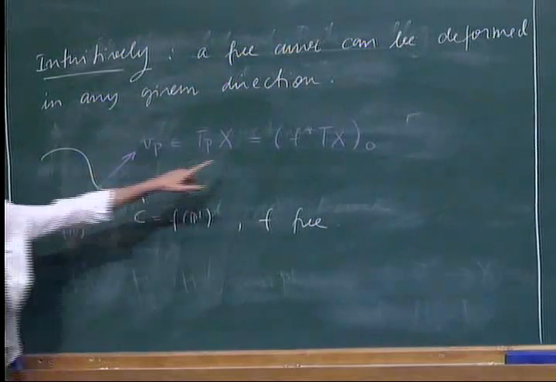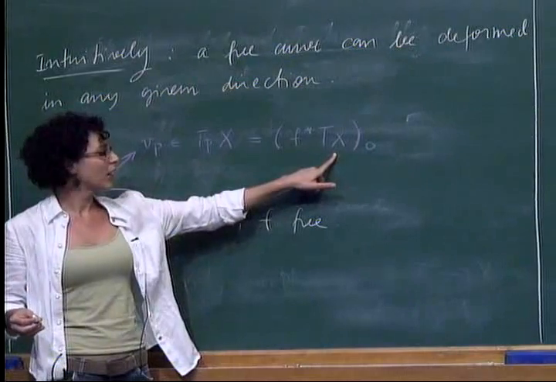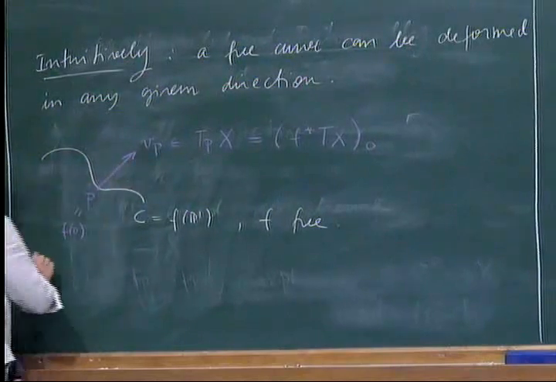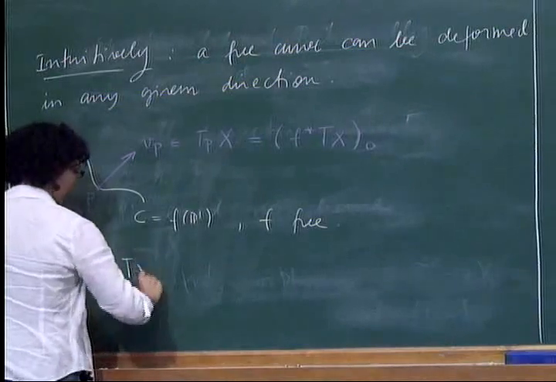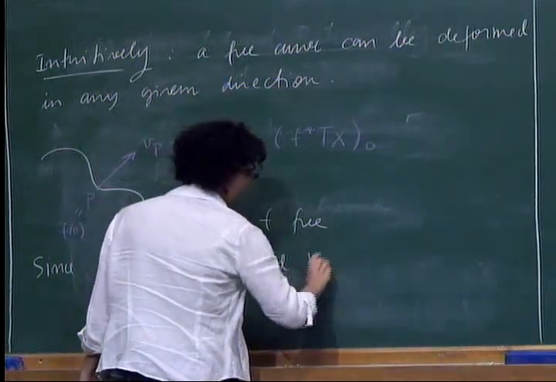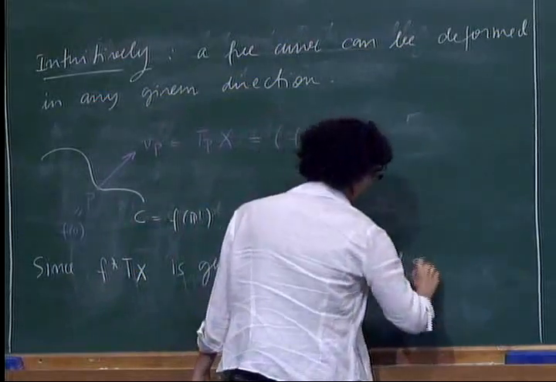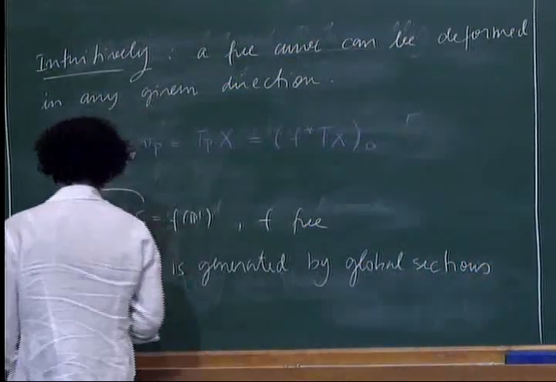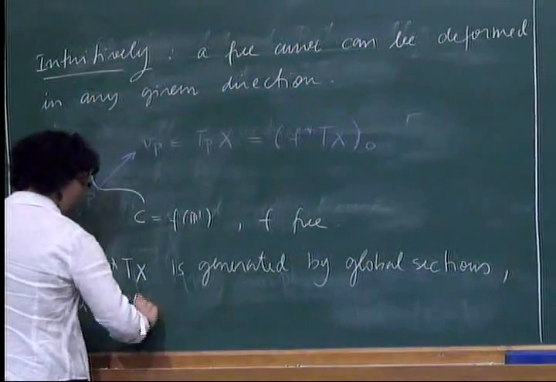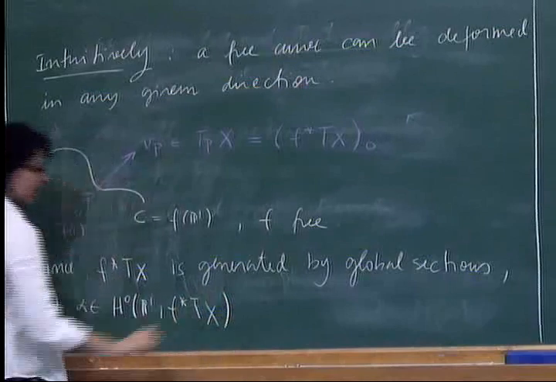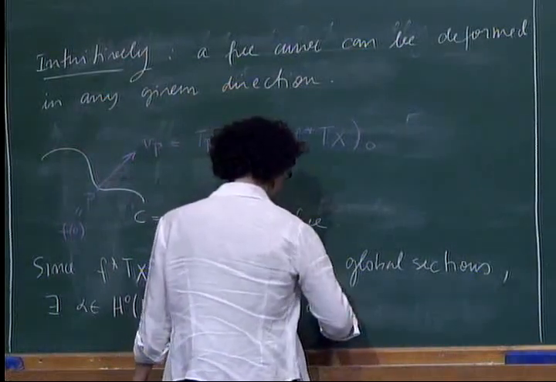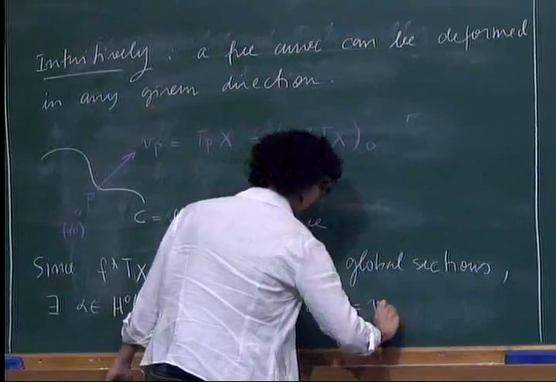Now, because this sheaf, the pullback of the tangent bundle, is generated by global sections, there exists a global section alpha of the pullback of the tangent bundle whose restriction at 0 is precisely v_P.